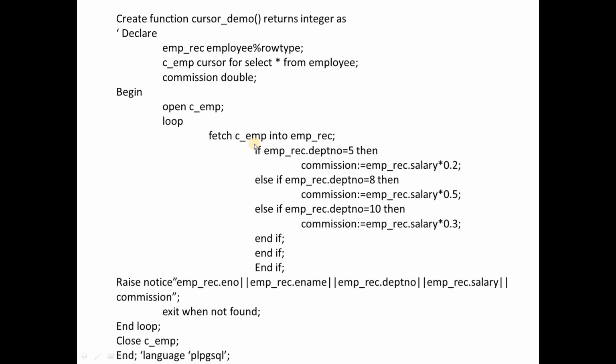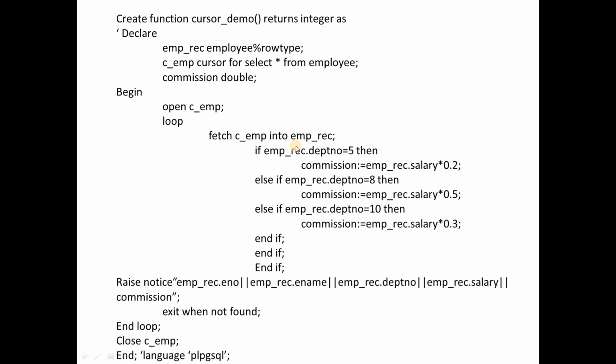Whenever I fetch CEMP, that means I access an individual record here, and after accessing this individual record I store it into the EMP record variable, which is declared in our declaration part. So this is the EMP record variable which holds the complete row fetched from your CEMP cursor.